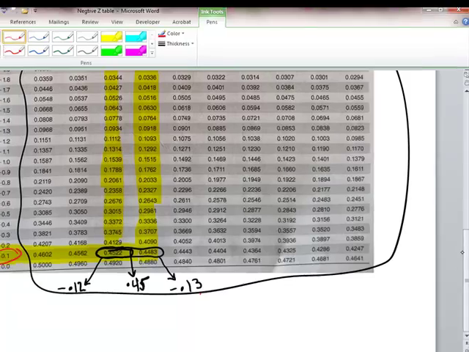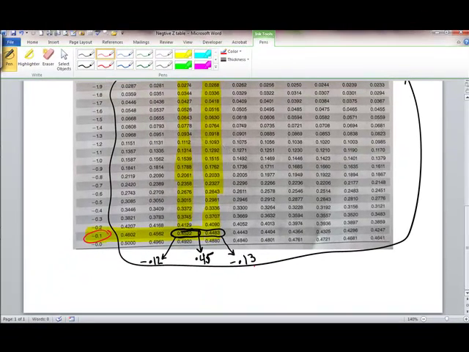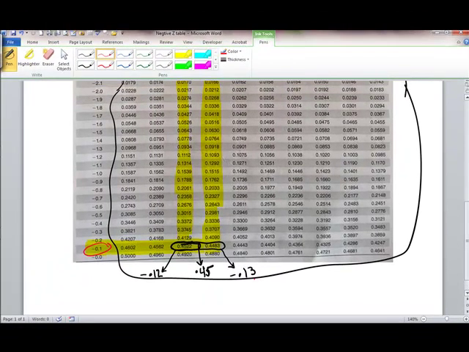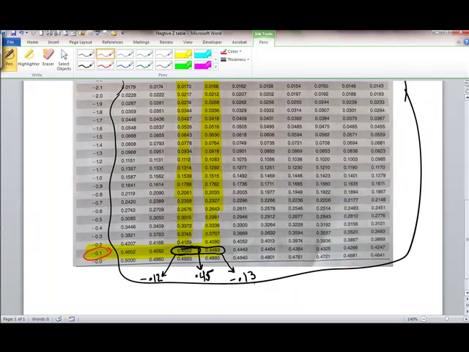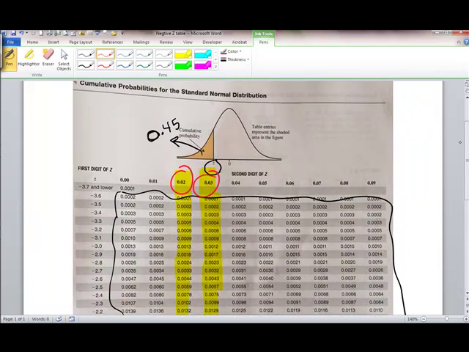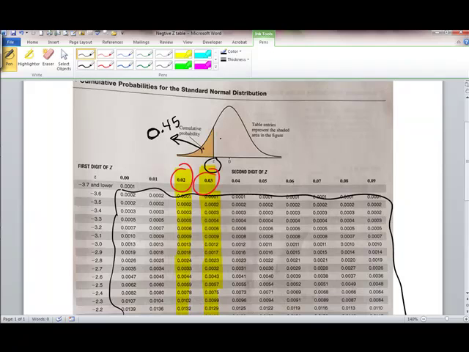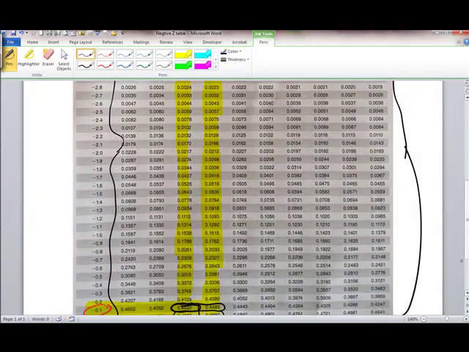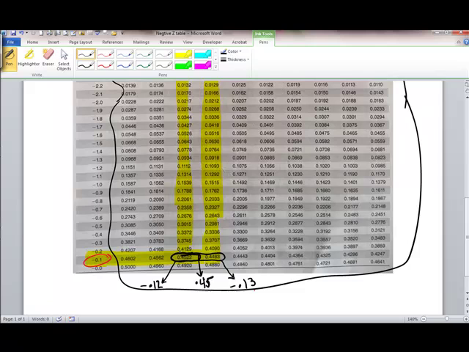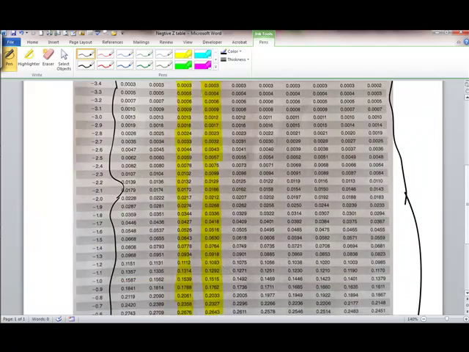So the question then is, which one of those better serves my purpose? Remember, I wanted this white area to be 0.55. So if I go with the negative 0.12 value, notice it's 0.4522.